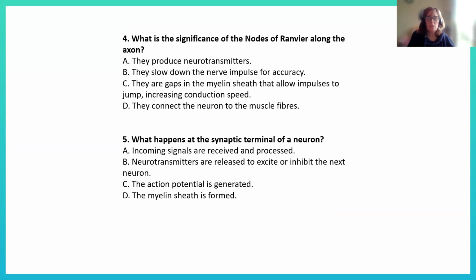Oh, a couple more questions. What's the significance of the nodes of Ranvier along the axon? And what happens at the synaptic terminal of the neuron? So these are quite specific questions and a little bit hard. So see if you remember what these 2 structures are, and then we can move along. I'll give you a minute.